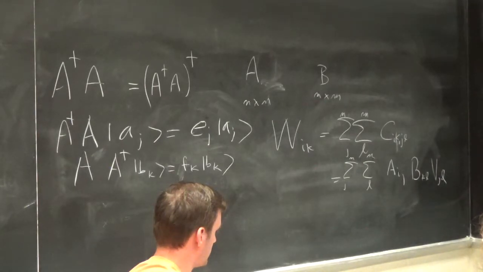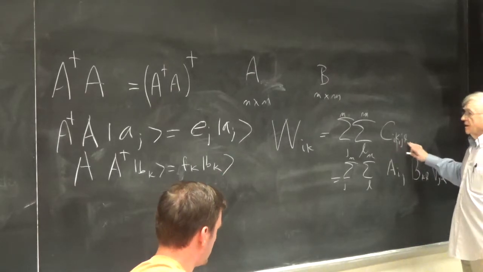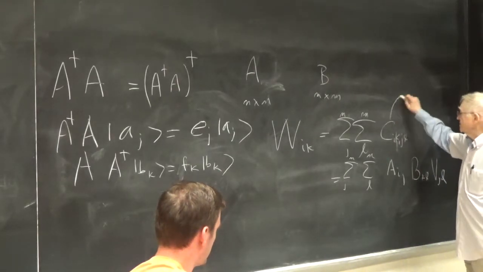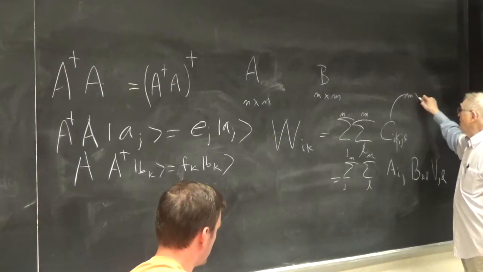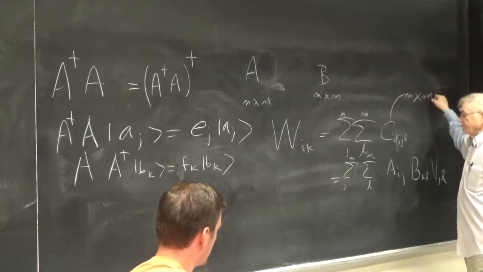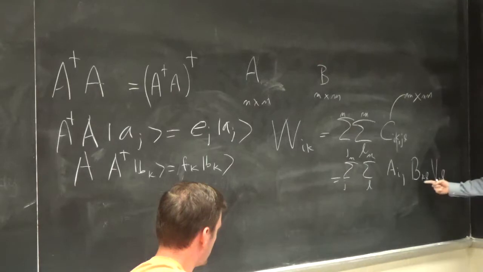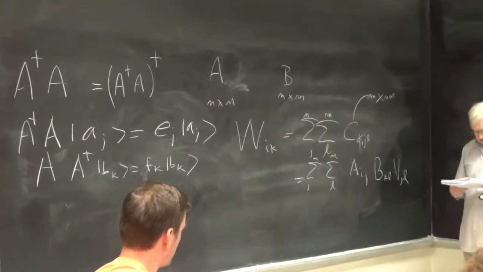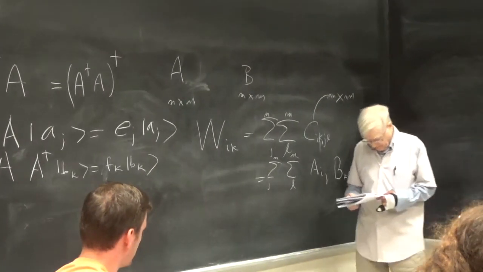This is how an arbitrary matrix, NM by NM, acts on a direct product of two matrices.